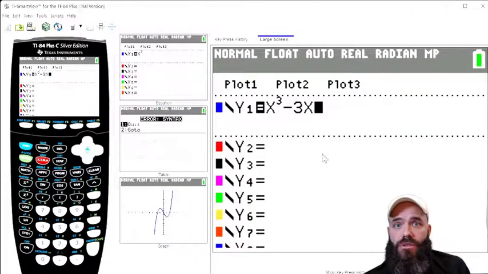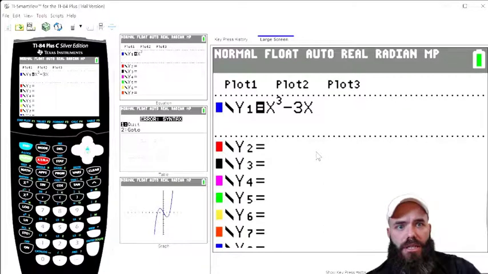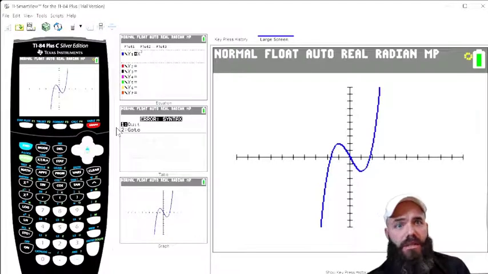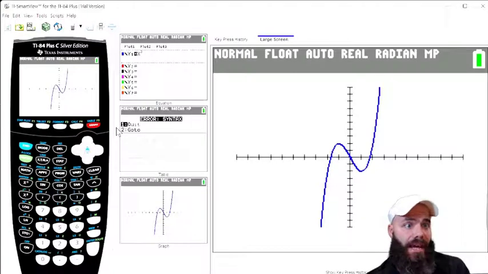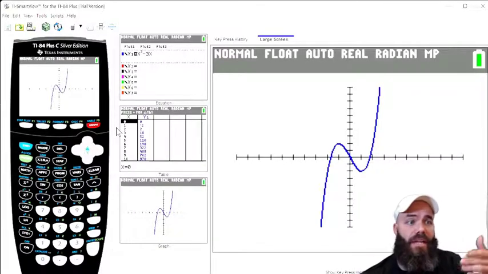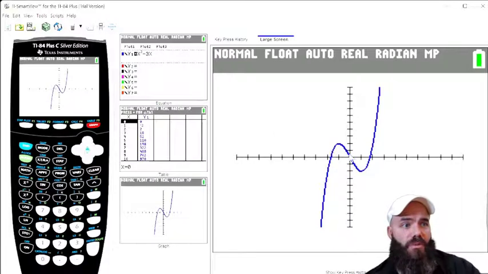Okay, so if you type this into your calculator, you will type it in as x to the third minus 3x. You would hit the graph button, and you can get a general idea of what the particle motion looks like. Now we should see the particle go through 0, 0, because as we said, the initial position would be at the origin, 0, 0. When time is 0, the position is 0. And then as you can see, when time is 1 second, the position is at negative 2.